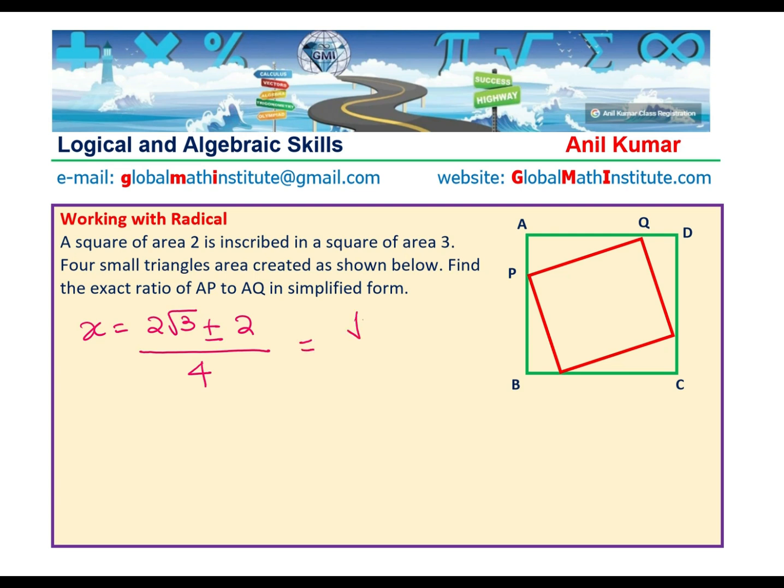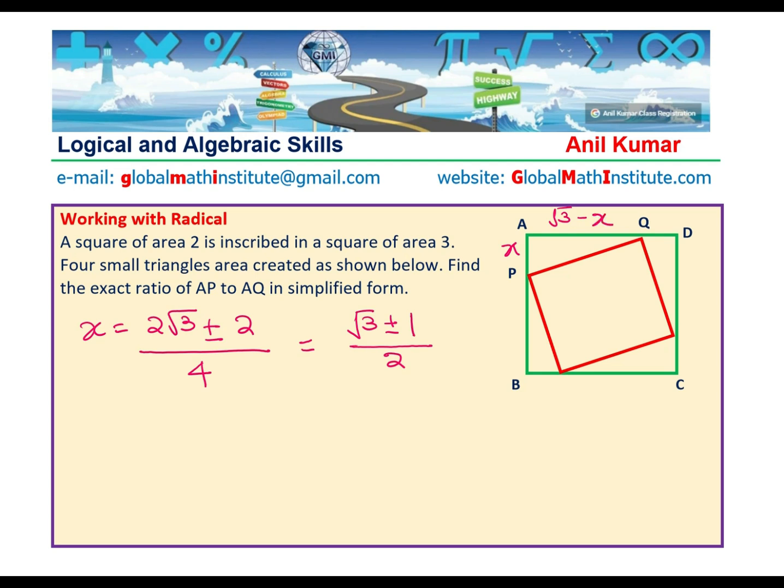So we get square root 3 plus minus 1 over 2. So it gives us the length x as square root 3 plus 1 over 2 or square root 3 minus 1 over 2. So basically, one of the lengths is square root 3 plus 1 over 2, and you would also do square root 3 minus 1 over 2 to get the other one.